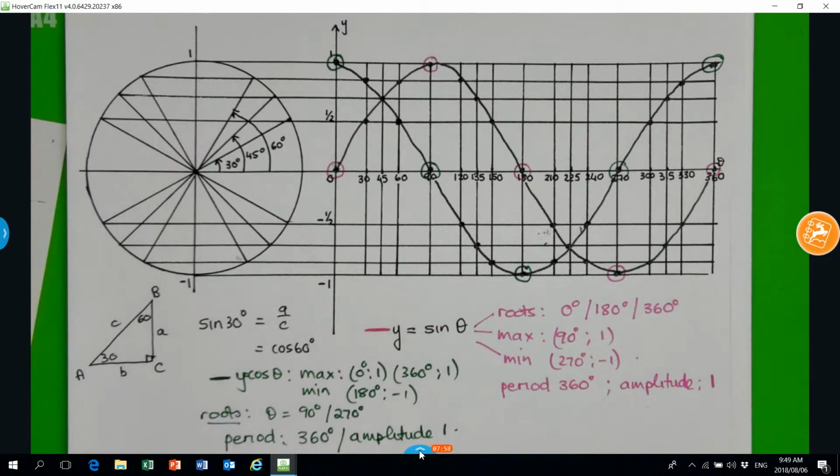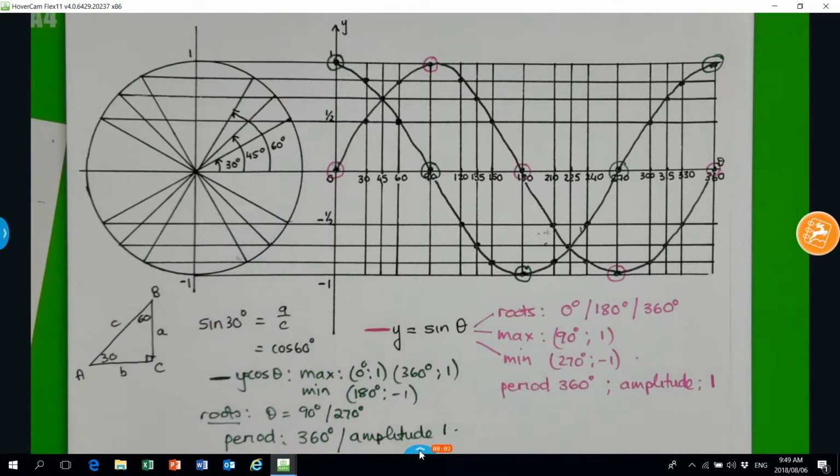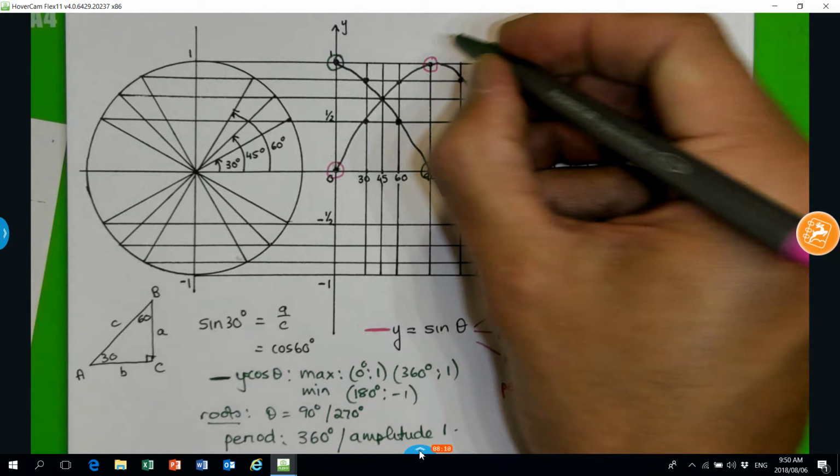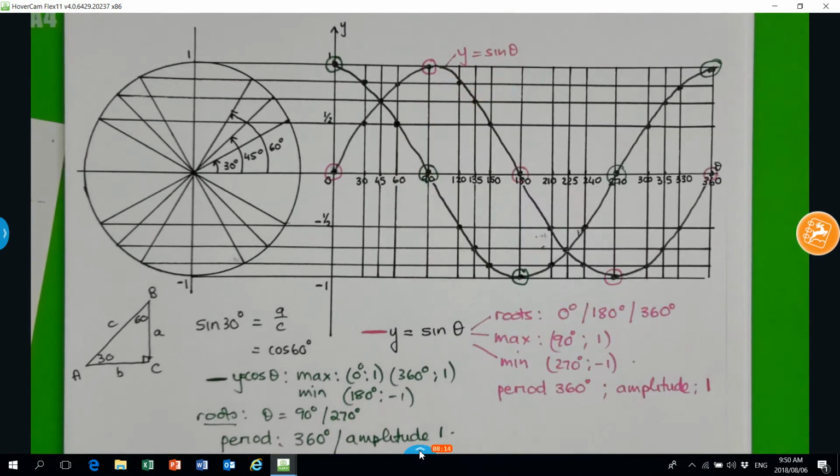Remember, the amplitude is the furthest it goes away from this line. So those are the points, folks, that you need to learn as a concept image and keep in your head. Okay, the pink again here, y is equal to the sine of theta, and the green is y equals the cosine of theta.